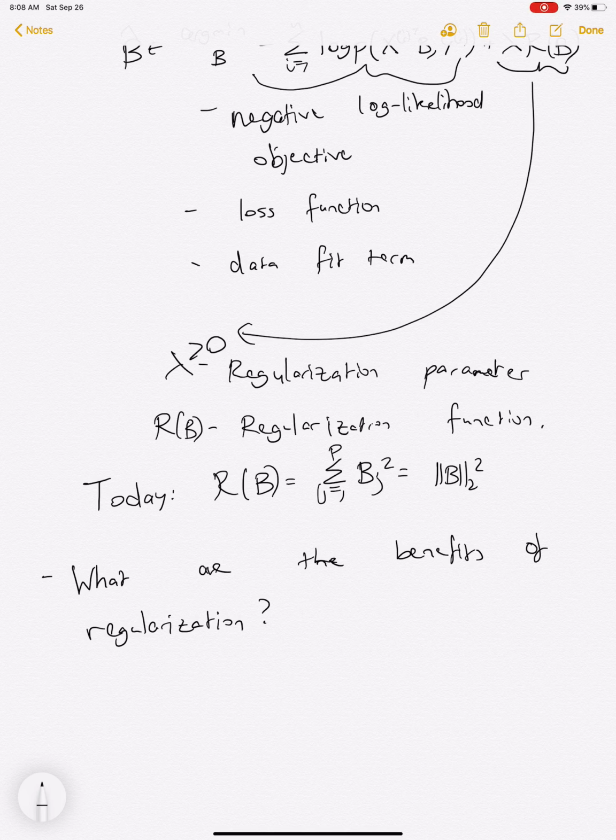So let's go back to our statistical framework. We're going to work in a pretty standard setting today.